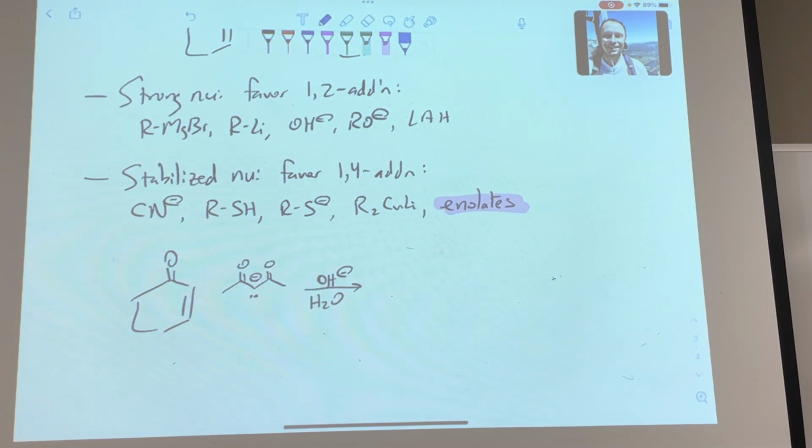The Michael donor is an enolate, and as we just talked about, it's going to prefer to add 1,4. So it's going to attack the beta position. You end up making this.